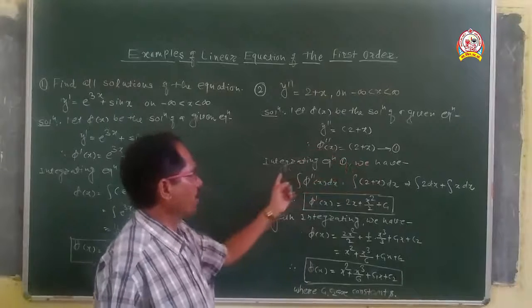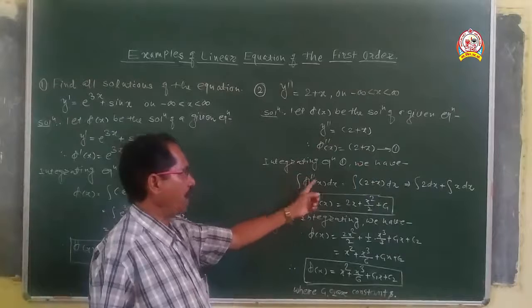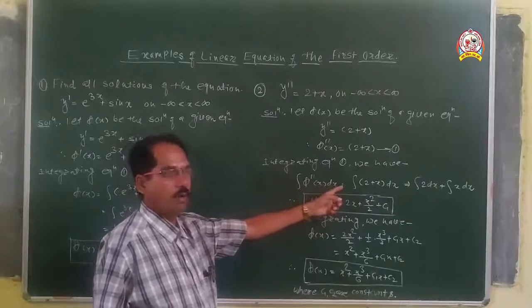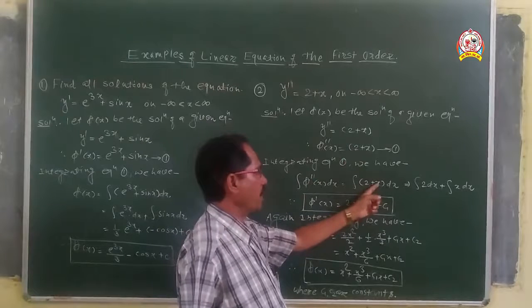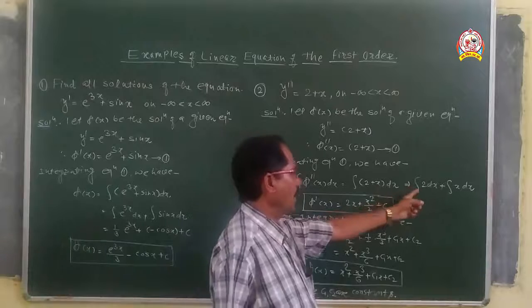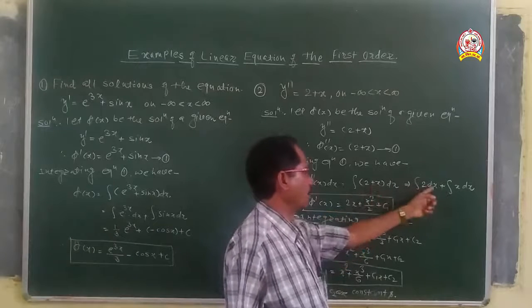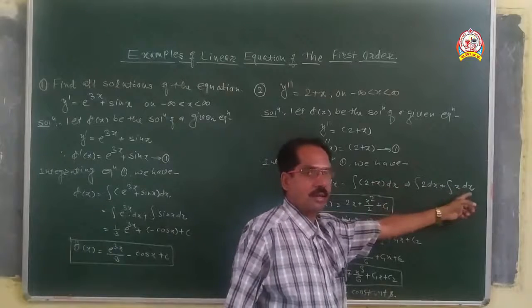Now, integrate equation 1. Therefore, the integration of phi''(x) dx is equal to the integration of (2 + x) dx. This implies the integration of 2 dx plus, as it is, the integration of x dx.